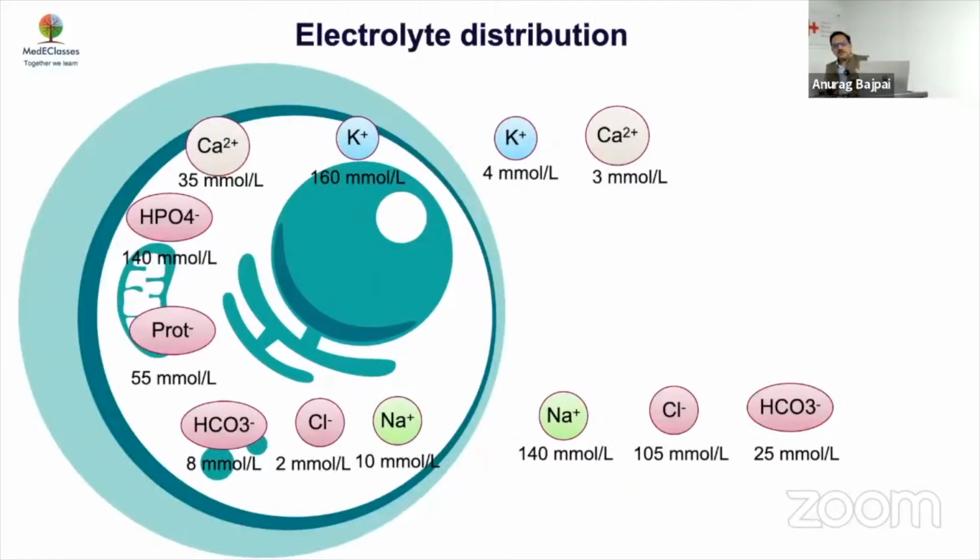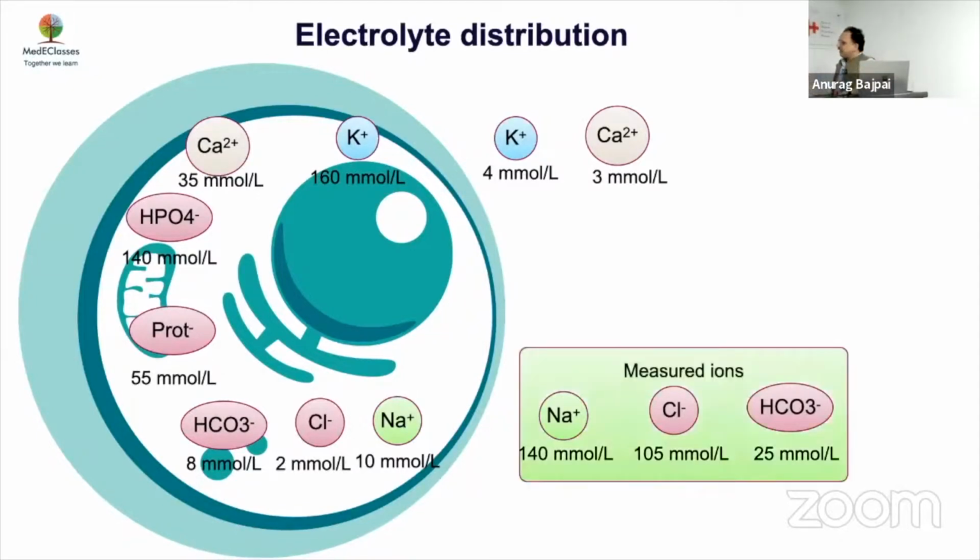So what really is the anion gap? We all know there are different electrolytes situated in the cell or outside the cell. In the plasma, the measured ions are mainly 3: sodium, chloride, and bicarbonate. Sodium is positive and chloride and bicarbonate are negative. There is a gap of around 20 between the positive and the negative ones, and this is neutralized by the unmeasured anions in the body.